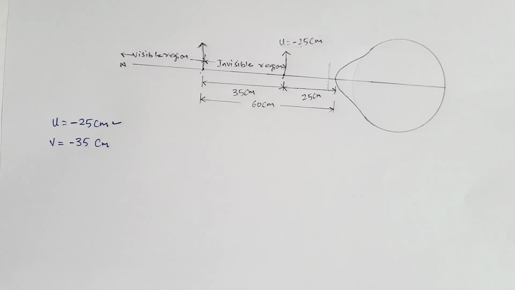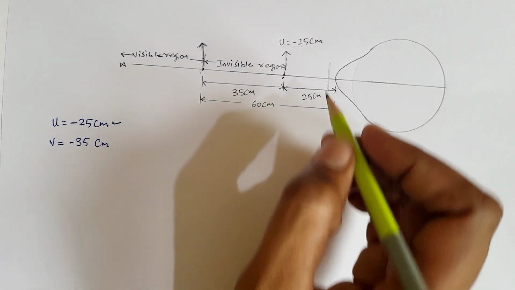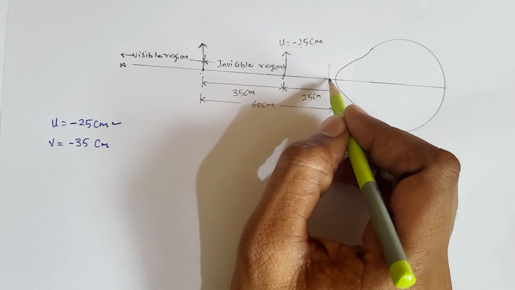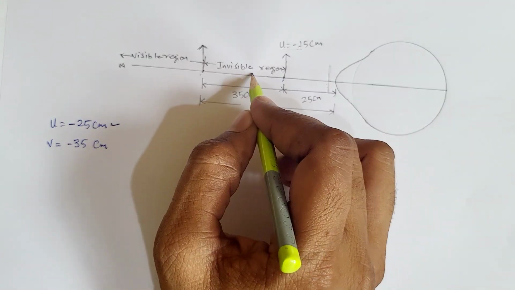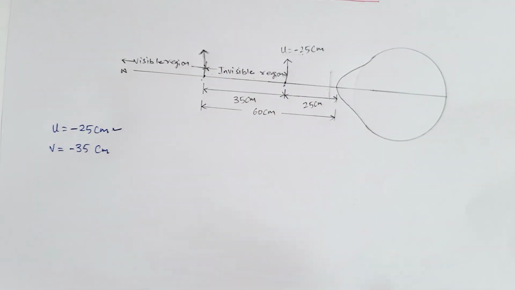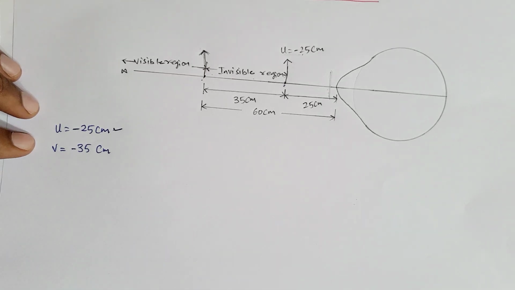Why, sir? Why is it like that? Because here you are placing the lens and the object is on the left side only, the image is also on the left side only. Correct? So that's why object distance and image distance both will be negative in case of hypermetropia and also in case of myopia. So now you have u and you have v also.